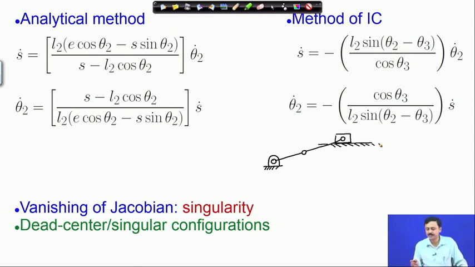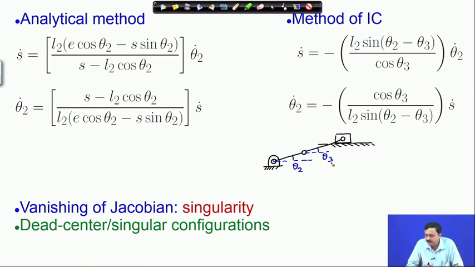So, this is one dead center configuration of the mechanism, where this is theta 2, this is theta 3, so where you have theta 2 equal to theta 3.